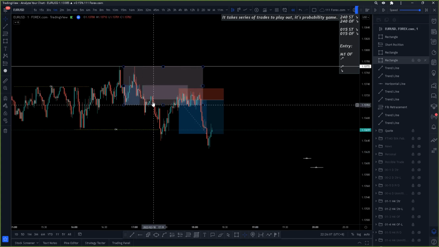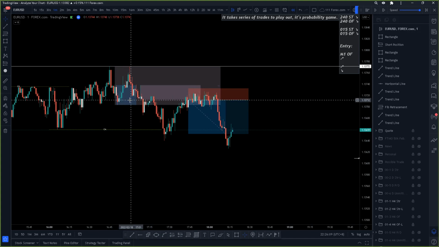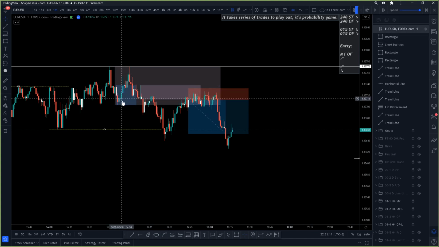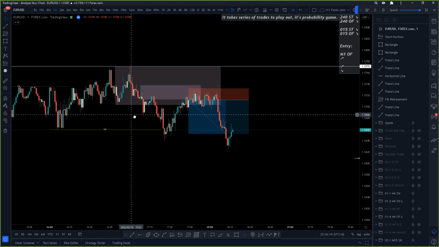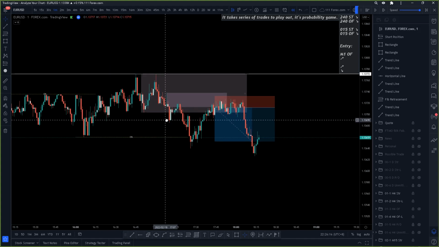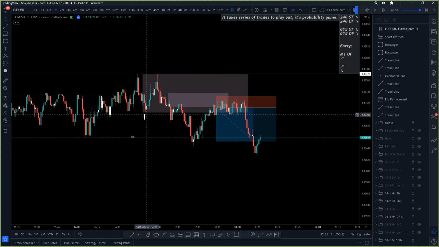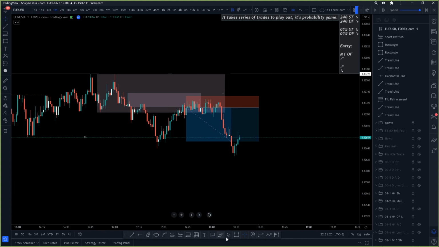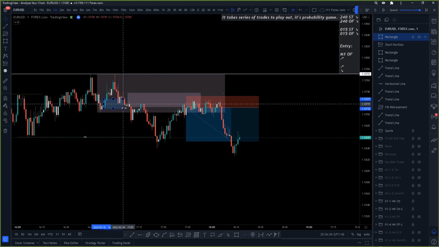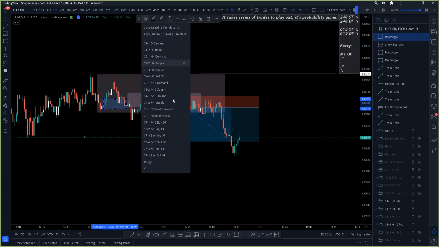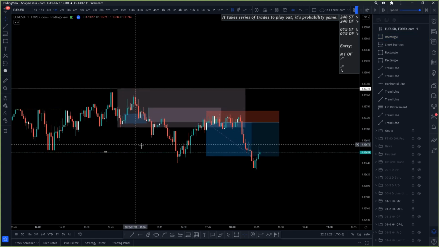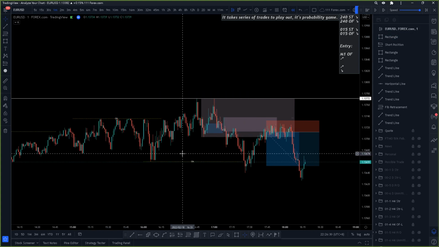Just have to make sure I have covered the high or something. M1 order flow, M1 buy order flow, and sell.